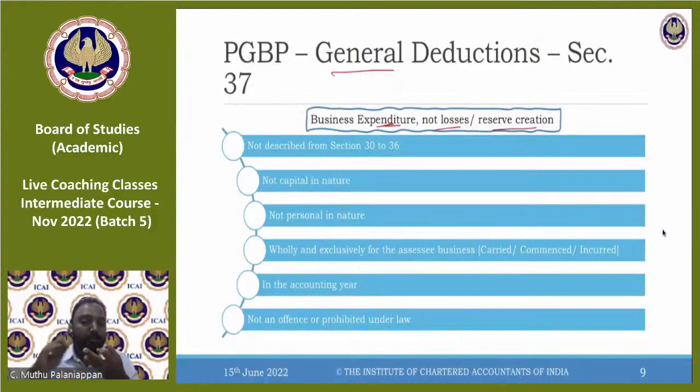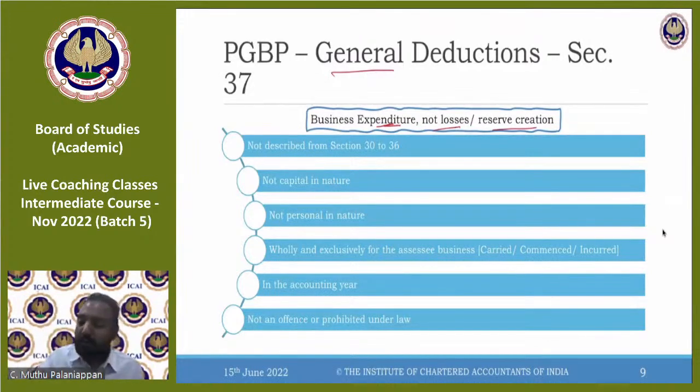Then 31 is about plant and machinery, repair and maintenance, insurance, rates and taxes of your plant and machinery. 32 is depreciation. 35 is scientific research. 35AD is specified business. 35D is preliminary expenses. 35DDA is voluntary retirement scheme. 36 is other deductions, your bad debts, PF, your interest, all those things, right? Bonus, commission, all these things are discussed in 36. Now, apart from this, if there is any expenditure, that will get classified under section 37.